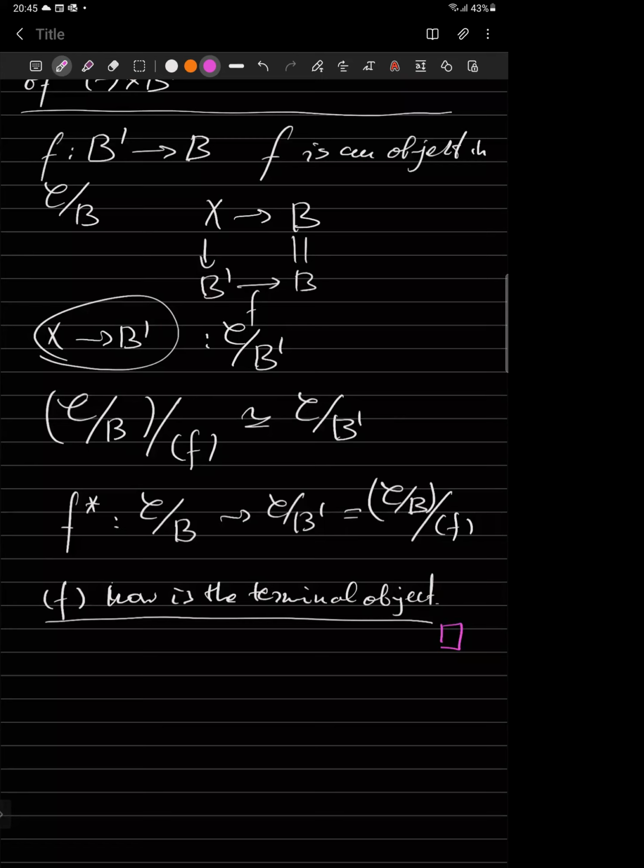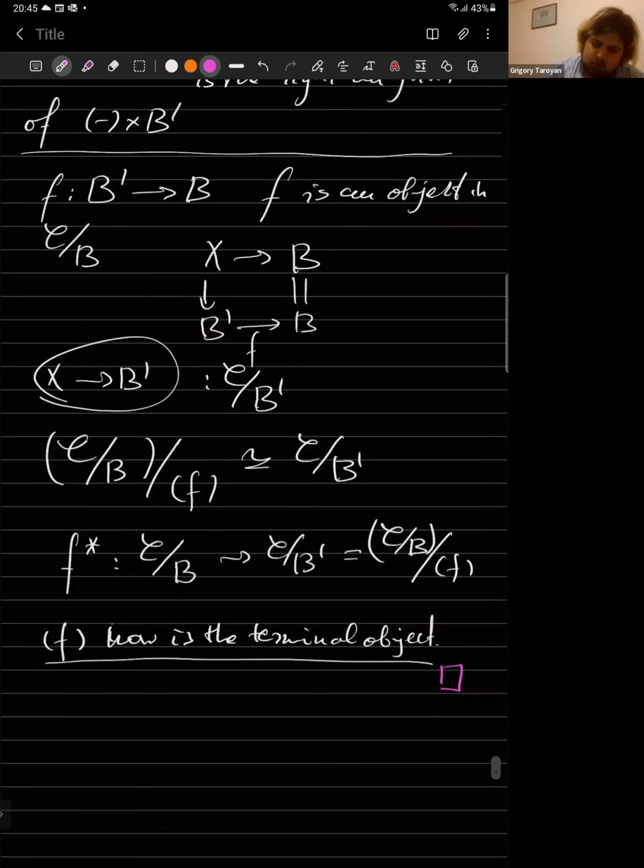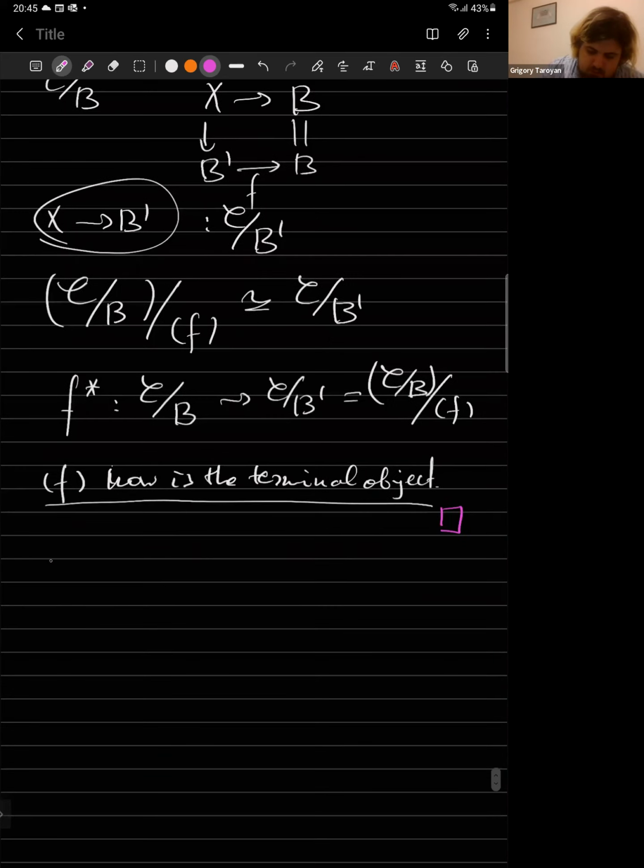I have a question. Yes. What are the sources for today's lecture? Oh, okay. So the sources, as usual, for today's talk, for basically any talk on topoi, is Mac Lane and Moerdijk, Sheaves in Geometry and Logic.